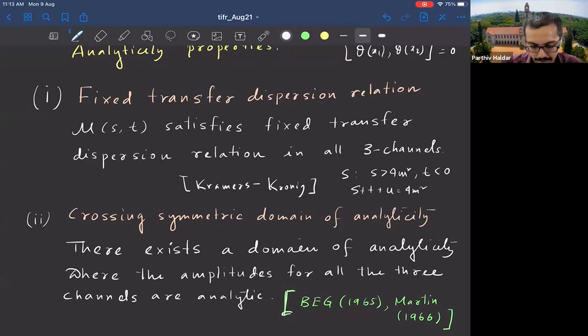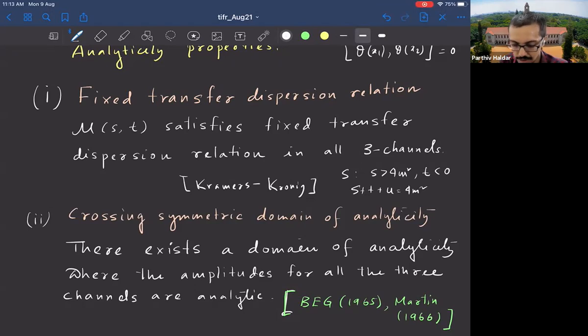But there exists a sort of enlarged domain of analyticity. This is a domain which is larger than the original domains that have been proved in the three channels, where the amplitude for all the three channels is analytic. Essentially, there is a larger domain which connects all these three physical domains.